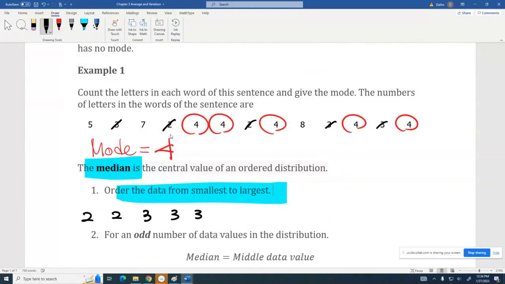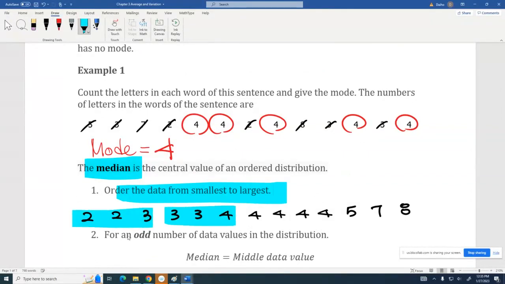How many 4s? 5. Next, 5. Next, 7. Next, 8. How many? 3 times 4, 13. N equals 13. What is the N? Sample size.